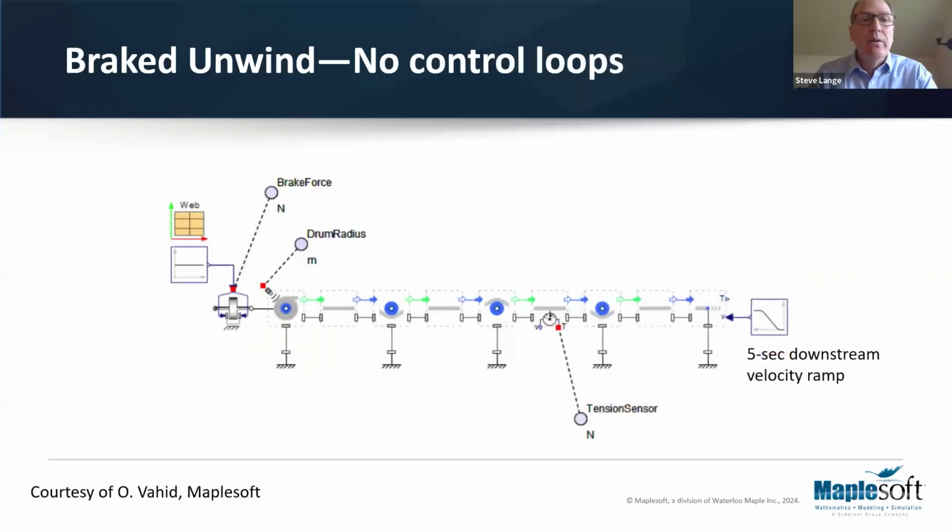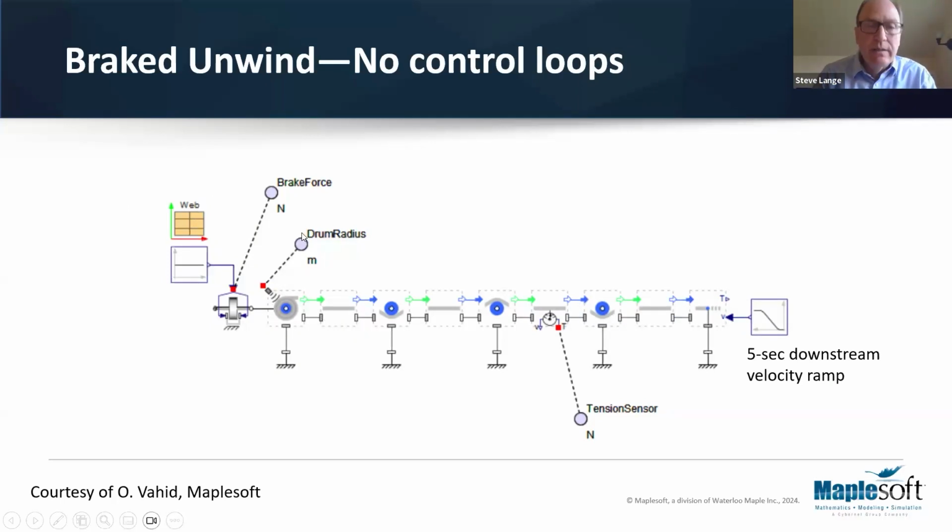And the kind of outputs we can get, well, first let's talk about what that looks like in MapleSim itself. You see a series of components starting in the upper left here with the web properties. There is a brake here that is connected to an unwind drum, and there is a fixed braking force that's being applied to this unwinding roll.